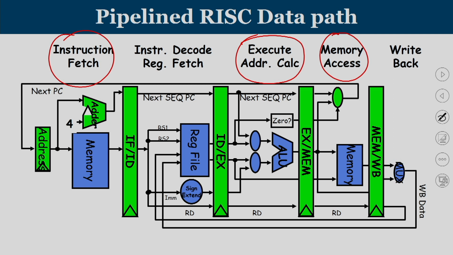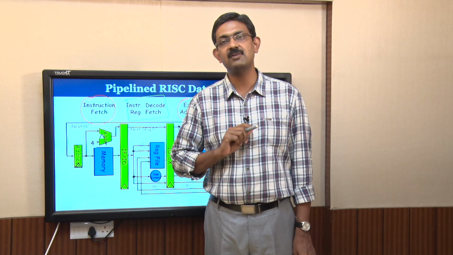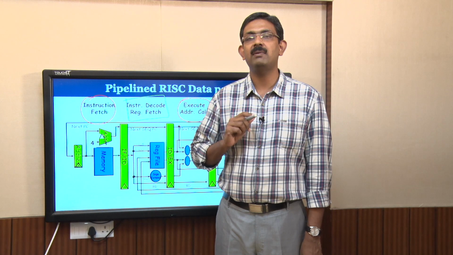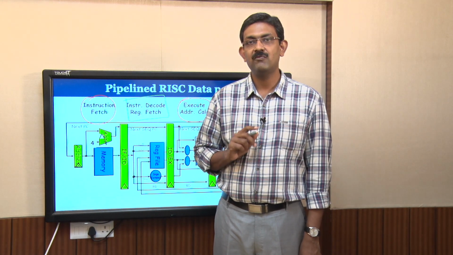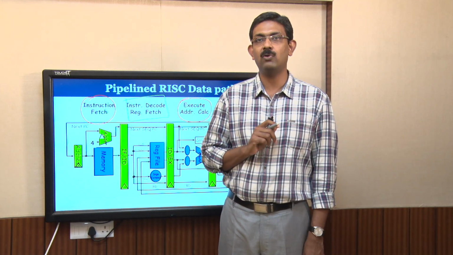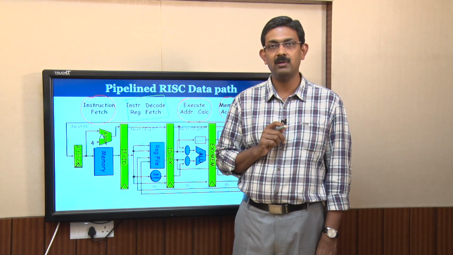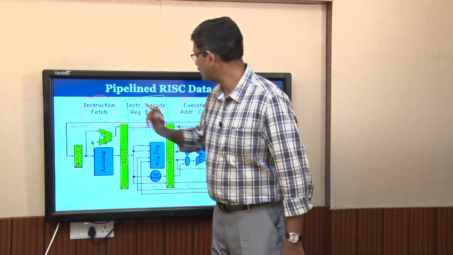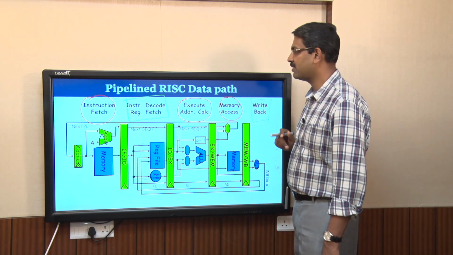Since the second stage, that is the instruction decode, and the last stage, that is write back, are completely associated with the internal registers of the processor, they can be completed in one clock cycle. We require sophisticated, high speed memory support to complete instruction fetch and memory access operations.